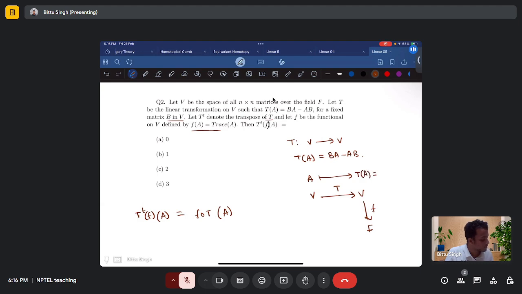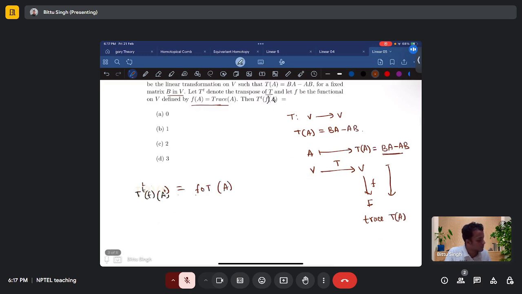By definition, TA is same as BA minus AB. And f is same as taking trace of the matrix A. Therefore, f of TA is same as taking trace of BA minus AB.